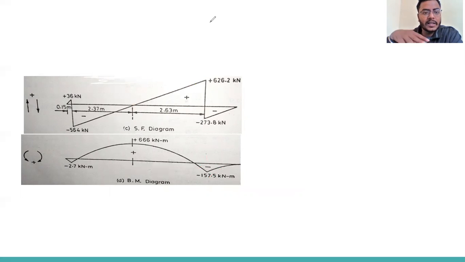So you have to be very clear about this concept. I'm not going to discuss it in detail, because my subject is not related to that, but you can study how we can draw these diagrams for different structures, going in depth.